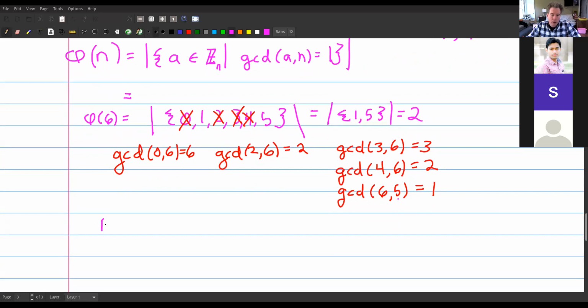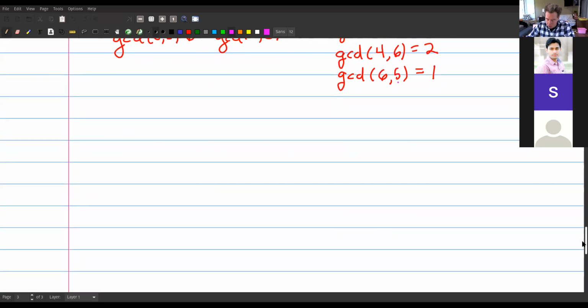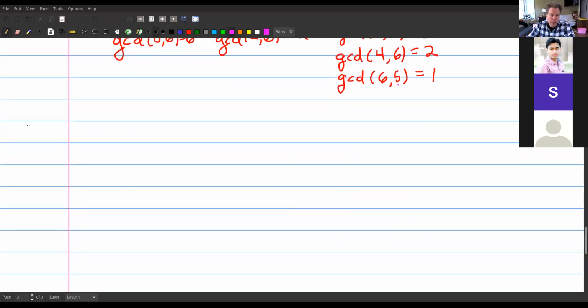So let's do it again. Actually, let me do a number that's a little bit bigger, and it'll be more work, but then we'll get a theorem out of it. So let me do it with 21. So phi of 21.